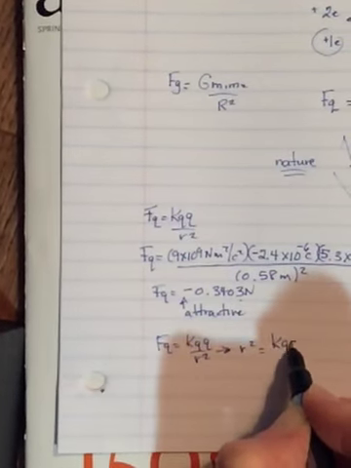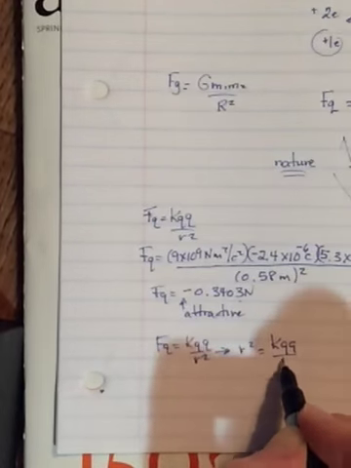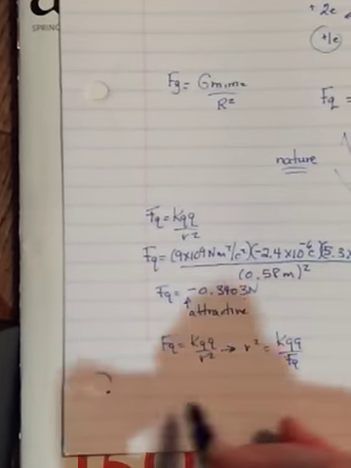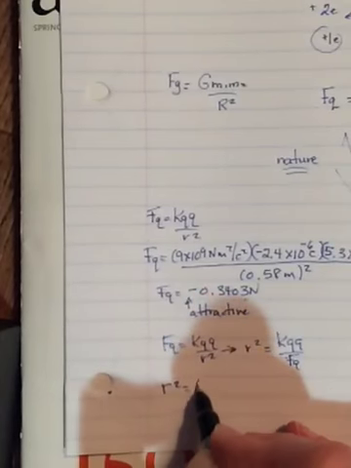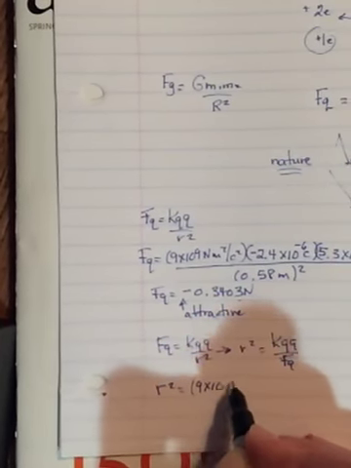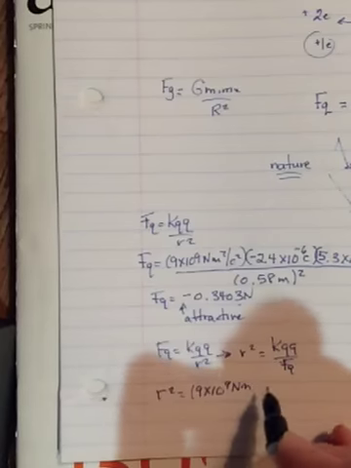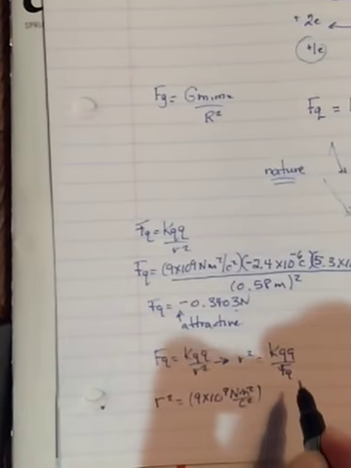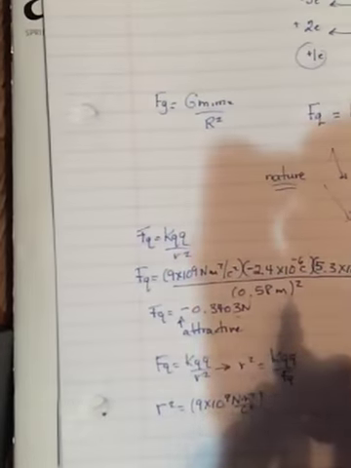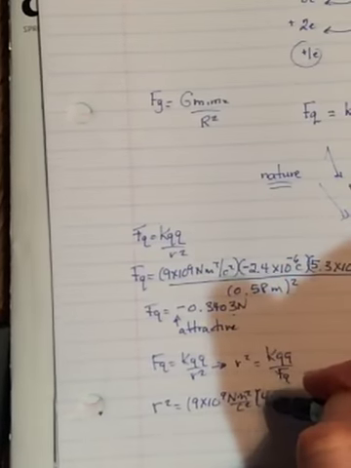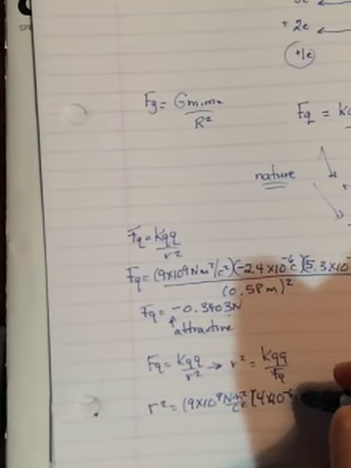So it's going to be KQQ over FQ. So R squared is going to be equal to 9 times 10 to the 9th newton meters squared per coulomb squared. One charge was positive 4 microcoulombs, so 4 times 10 to the negative 6.